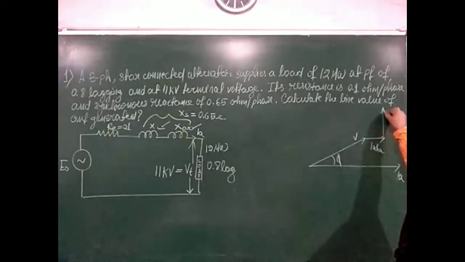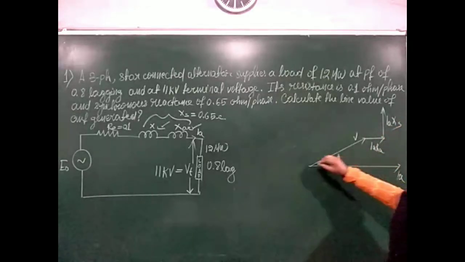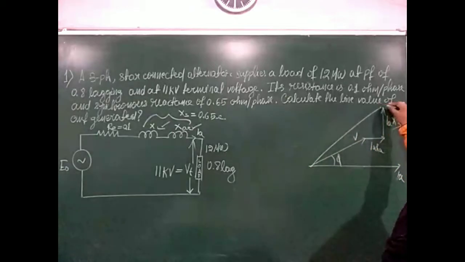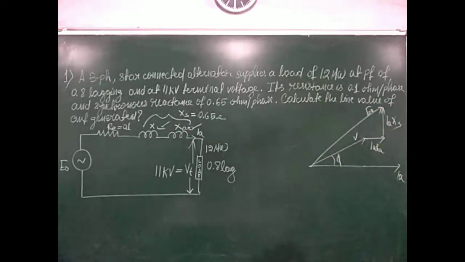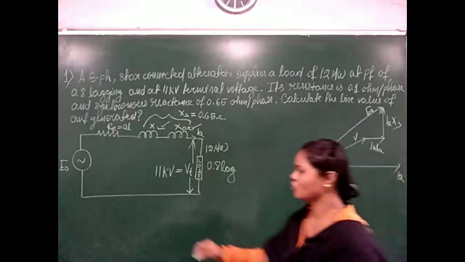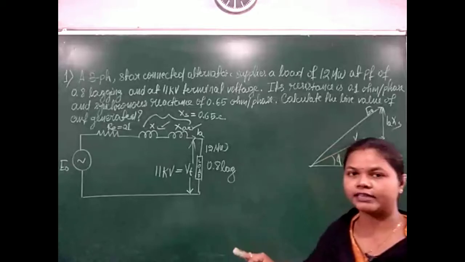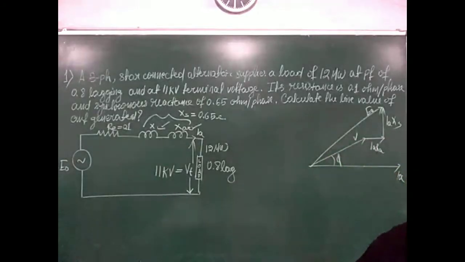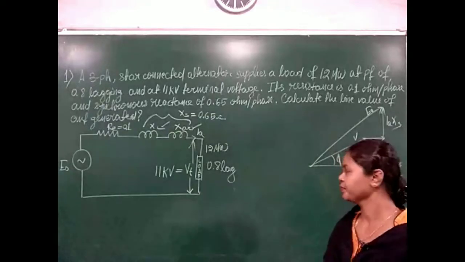Here I will draw it. It is Ia into Xs, and their phasor sum gives the generated voltage E0 per phase. Here I take every parameter per phase.